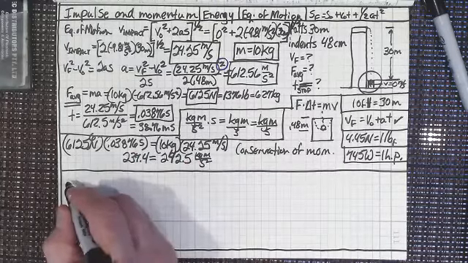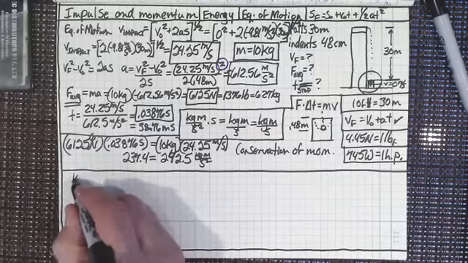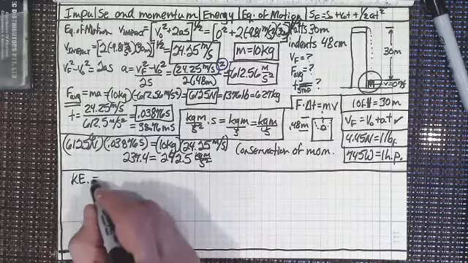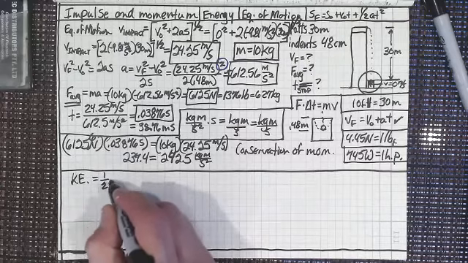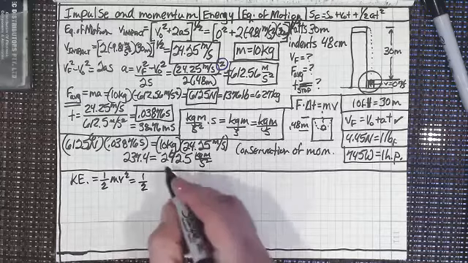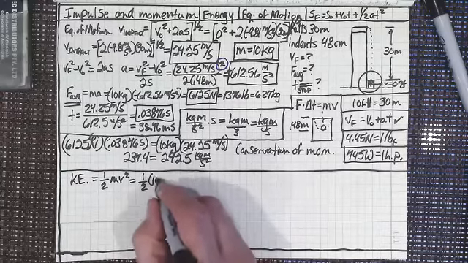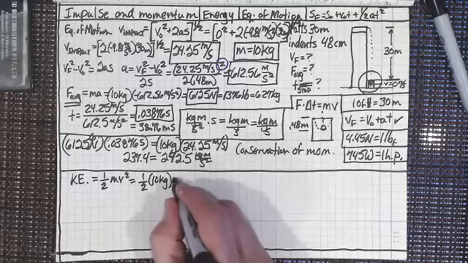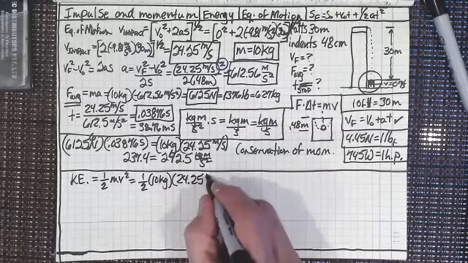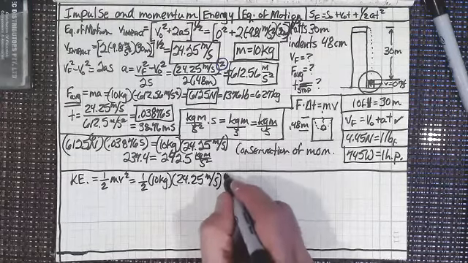So right when it's about to hit the top, KE is going to be 1/2 mass times velocity squared. So my kinetic energy is 1/2 times my 10 kilograms times my velocity, which is 24.25 meters per second squared.